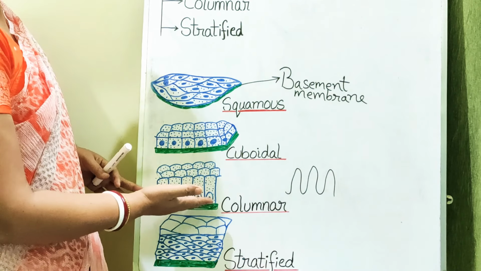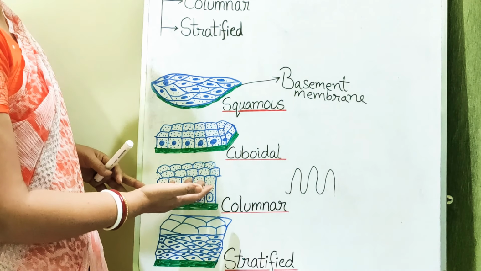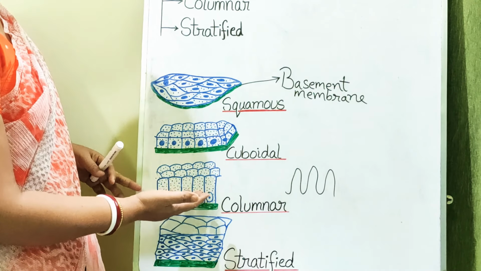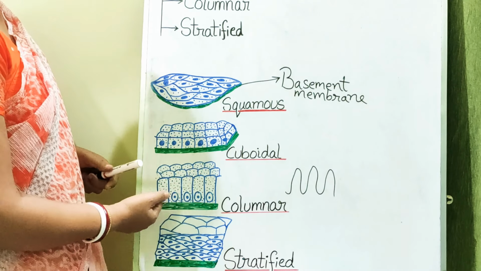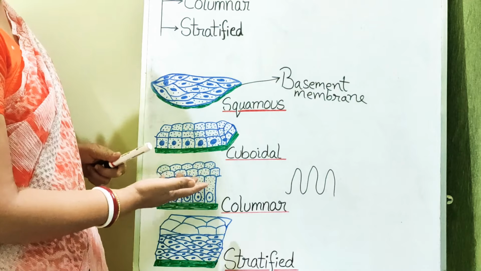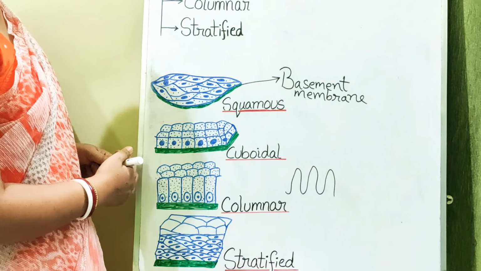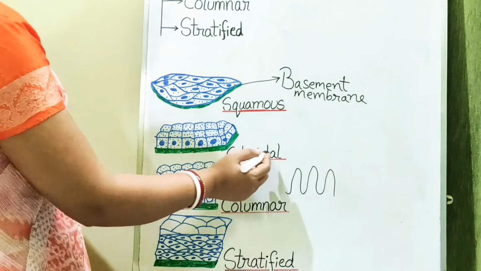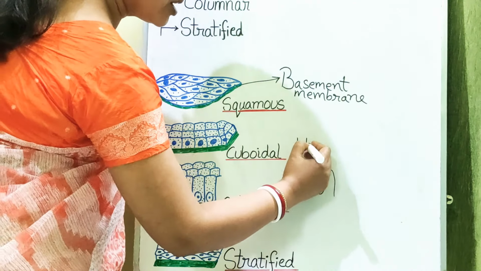Similarly, in the small intestine, intestinal juices are secreted, which is again important for the digestion of the various complex food substances. Similarly, in the kidney tubules and the thyroid gland, cuboidal epithelial tissues are associated with the secretion of hormones.